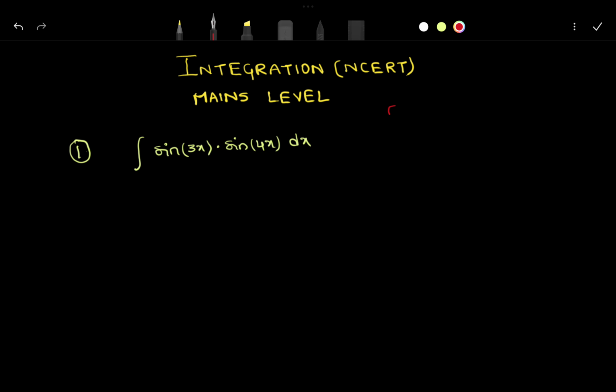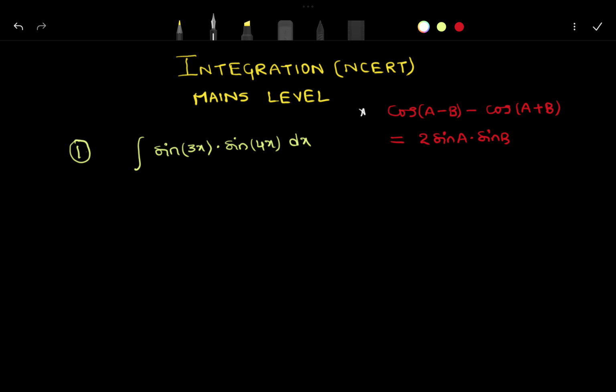You know, cos(a minus b) minus cos(a plus b) equals 2 sin a sin b. That is one formula.